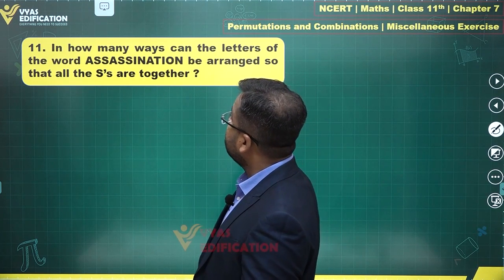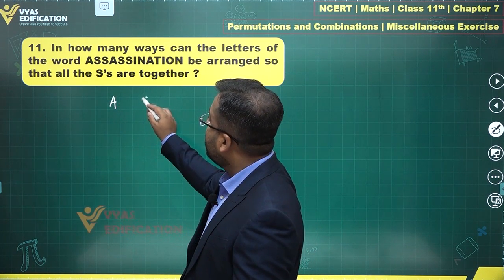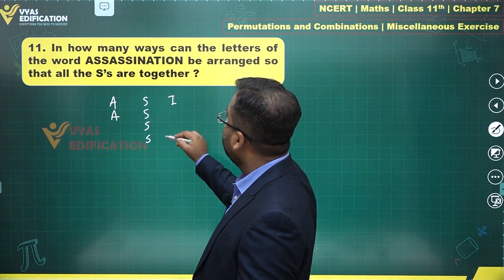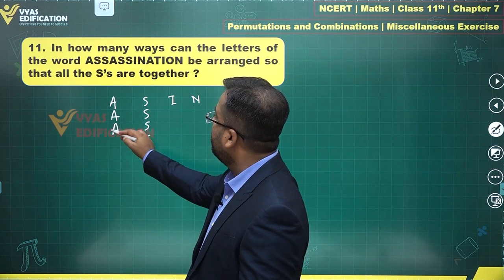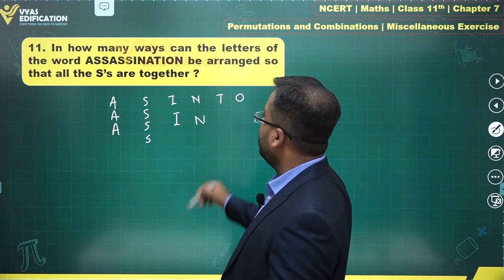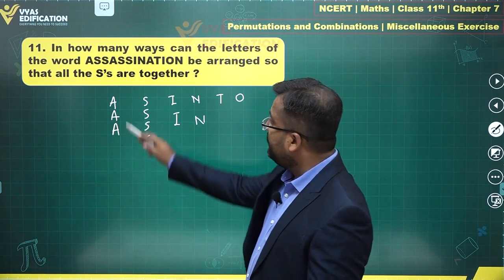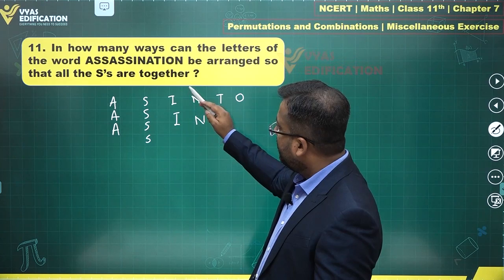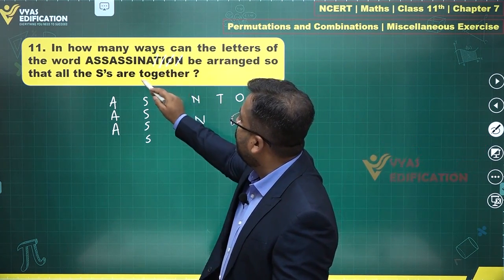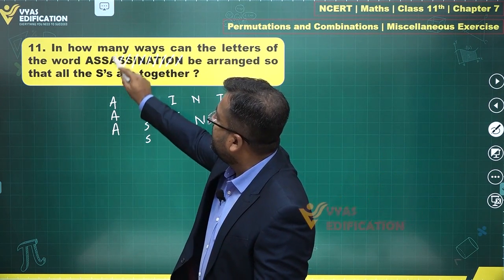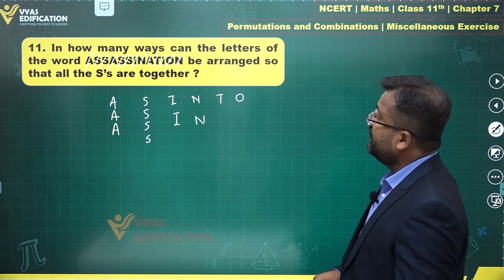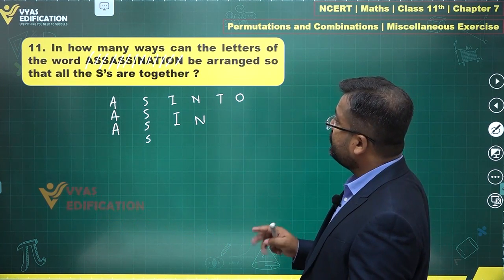We have assassination, A, S, S, A, S, S, I, N, A, T, I, O, N. So how many letters do we have? 1, 2, 3, 4, 5, 6, 7, 8, 9, 10, 11, 12, 13. So we have not missed anything. These are 13 letters. Letters of the word to be arranged so that all the S's are together.